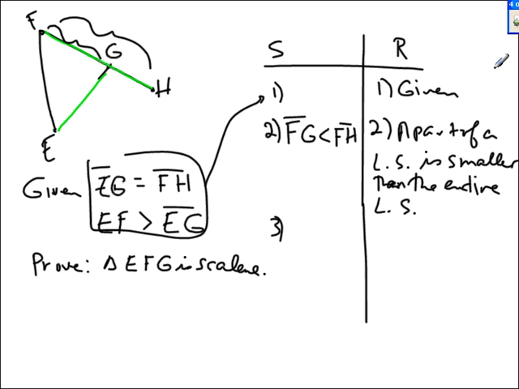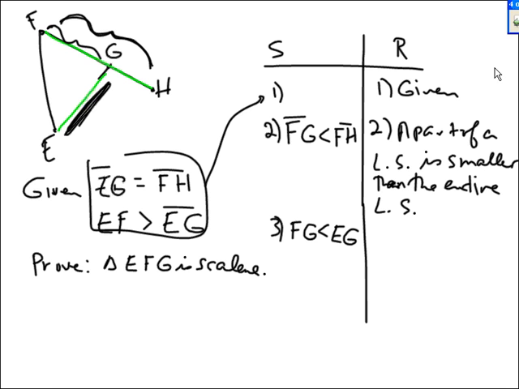So now what we can say is that FG is smaller than EG. Okay, because remember, this part here is equal to FH.